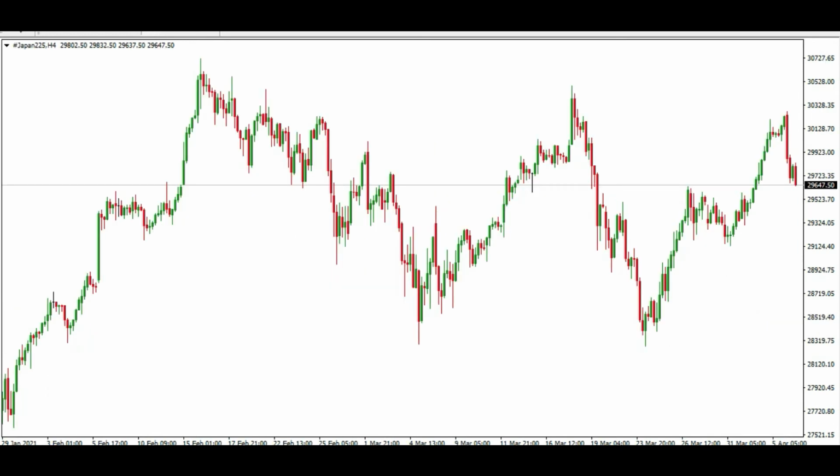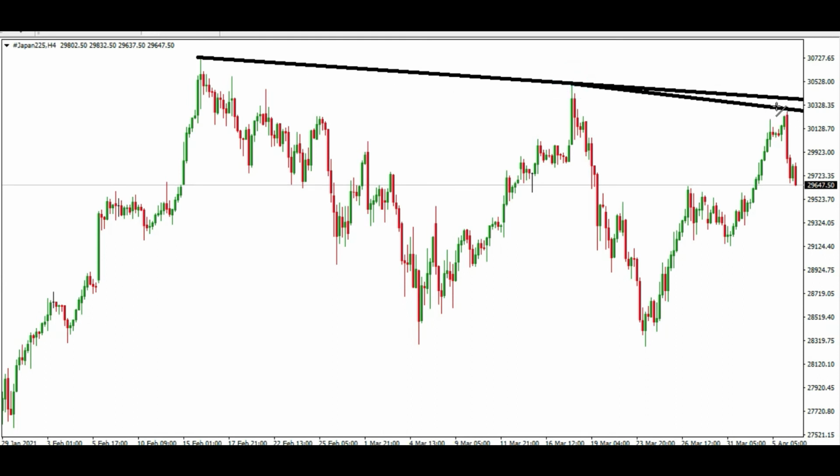Then another index. Here we have almost a range, as you can see. This is a good trend line, but sometimes you can draw several trend lines. This is a valid trend line too.